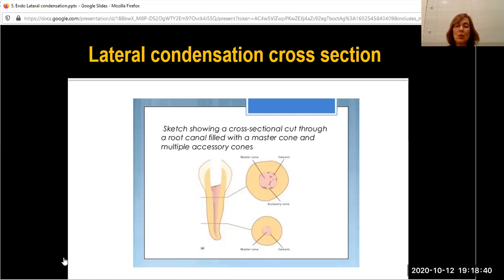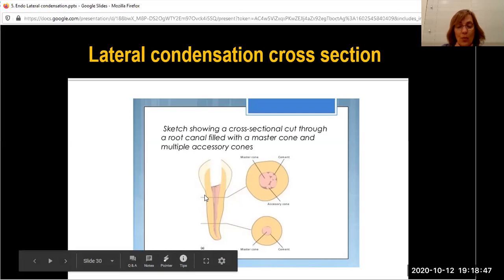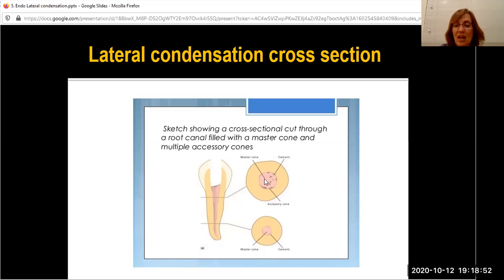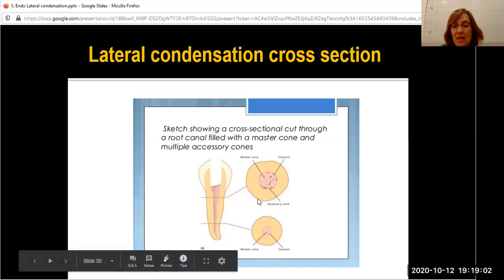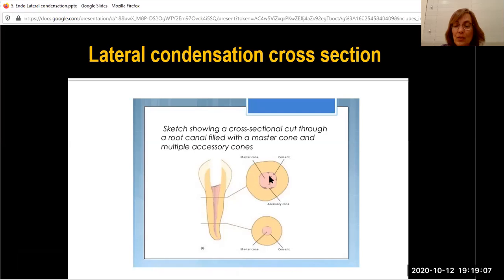Okay, so if you were to take a cross section of the tooth, and we'll start with the upper third, you will notice that you have your master cone, and you will have the accessory cones all the way around it with the sealer material. The sealer material, they call it cement here, needs to be all the way around the Gutta Percha, because the Gutta Percha shrinks a little bit once you condense it.